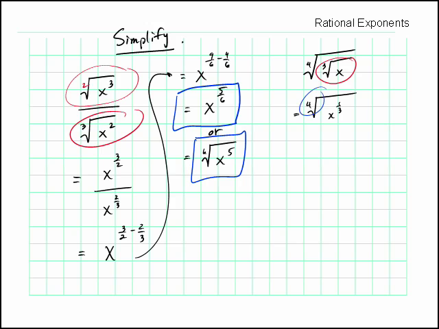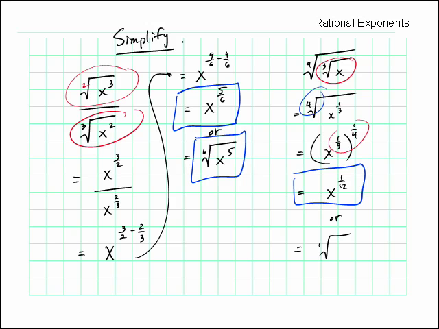Now the 4th root means a 1/4 exponent, so x to the 1/3 is being raised to the 1/4. In a situation like this, we are supposed to multiply our exponents together, and so this is x to the 1/12. You can leave the answer like that, or in radical form, this would be the 12th root of x.